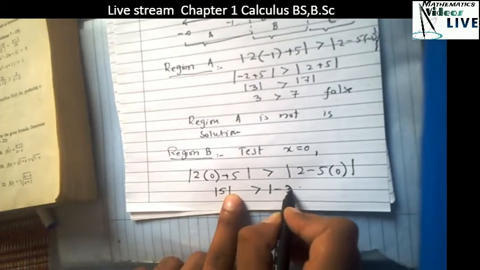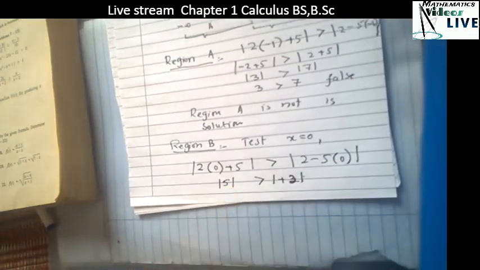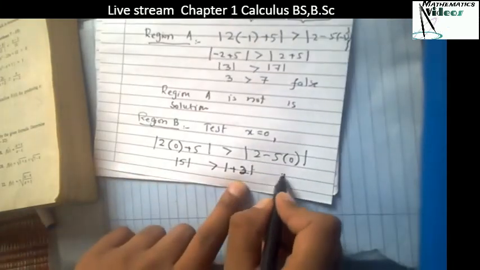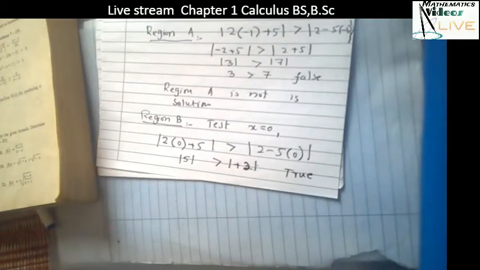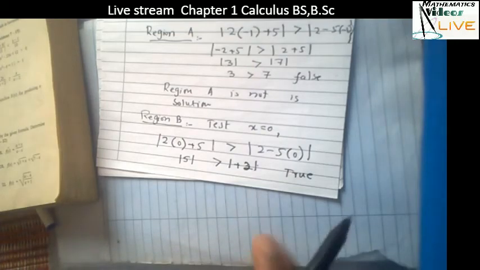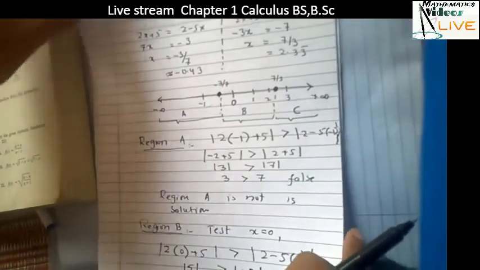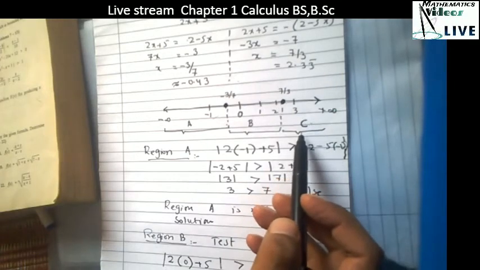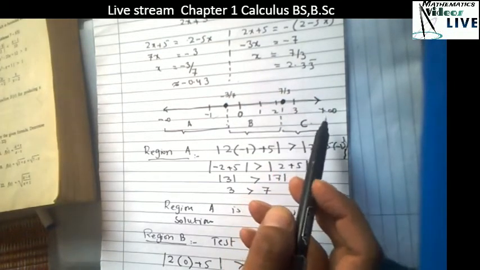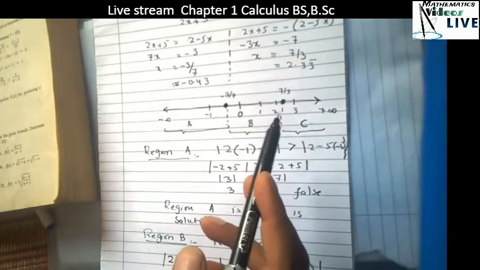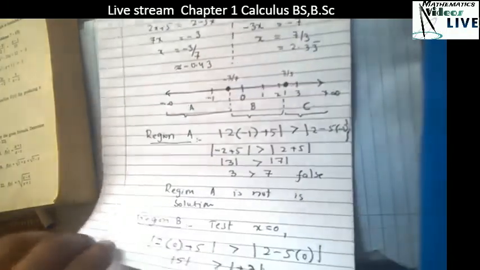When you put x is equal to 0 in your inequality, it becomes absolute value of 2 times 0 plus 5 is greater than absolute value of 2 minus 5 times 0, and this is absolute value 5 greater than absolute value of plus 2, which means 5 is greater than 2, and therefore it is true.